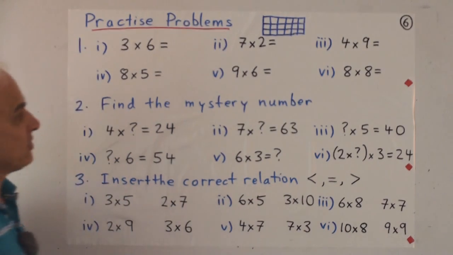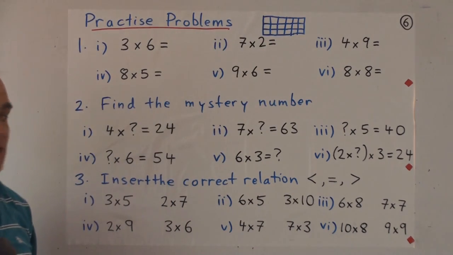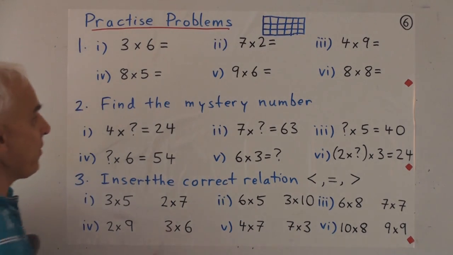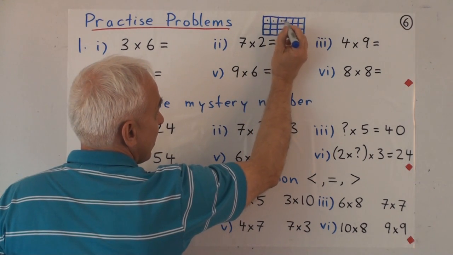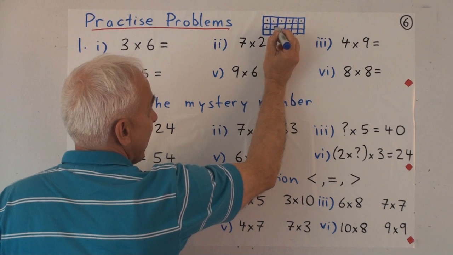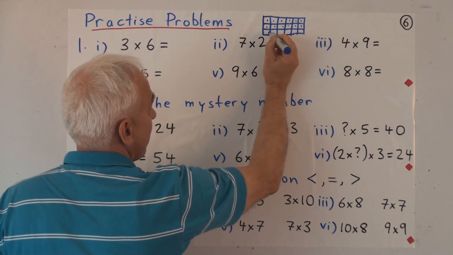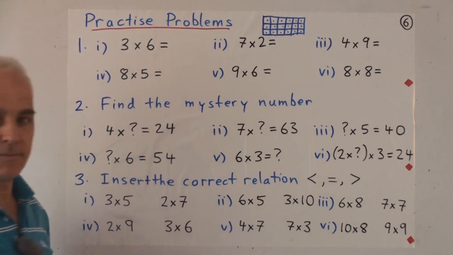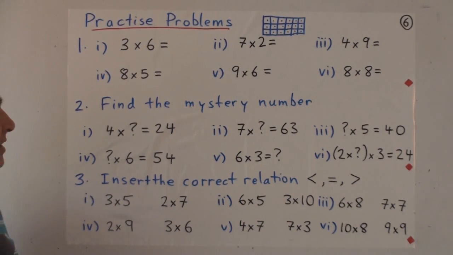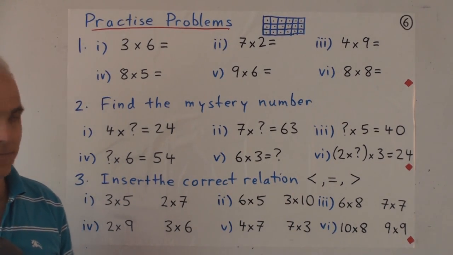Okay, there's a fair amount of work. So that's now a 3 by 6 rectangle that we've created. And now we can count how many entries there are. 1, 2, 3, 4, 5, 6, 7, 8, 9, 10, 11, 12, 13, 14, 15, 16, 17, 18. So that would be one way of calculating what 3 times 6 is.